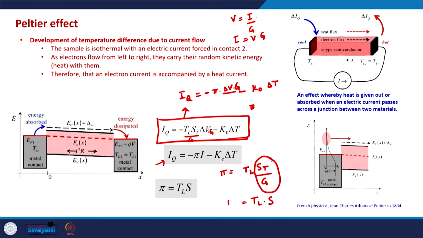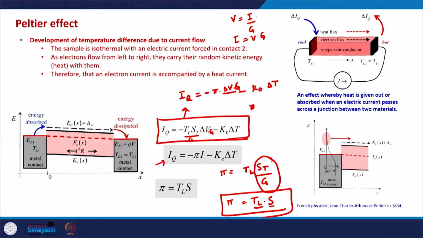So, this is TL times the Seebeck coefficient. So, pi is known as the Peltier coefficient, and what is the Peltier coefficient? It is the lattice temperature times the Seebeck coefficient.